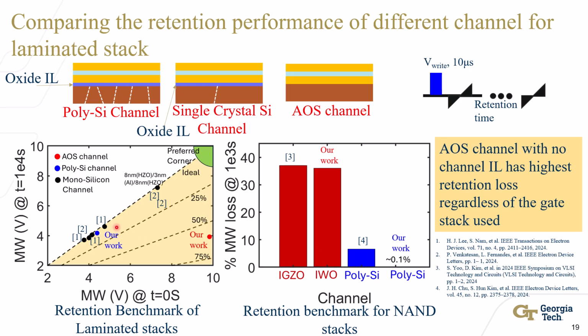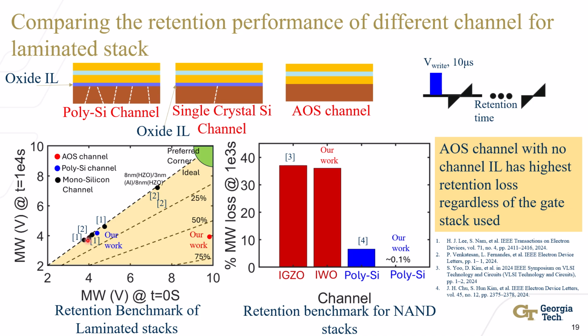In this slide, we have a retention benchmark for different laminated Fe oxide stacks in our work and in the literature. My x-axis is the memory window at t equal to 0 seconds, and the y-axis is the memory window at t equal to 10,000 seconds. Ideally, if there is no shift in the device's threshold voltage, my memory window should remain the same, and my points should lie on the y equal to x line.